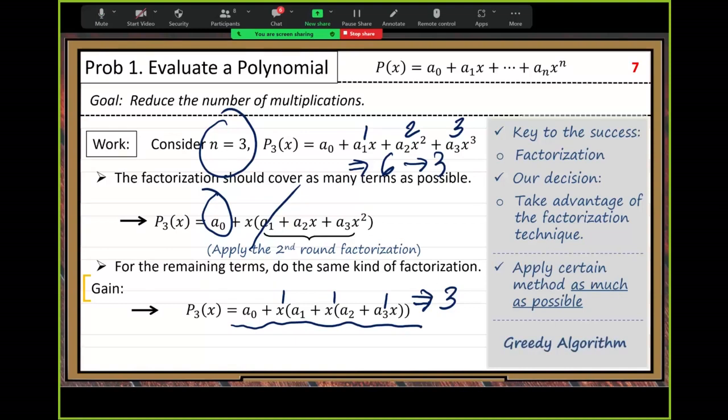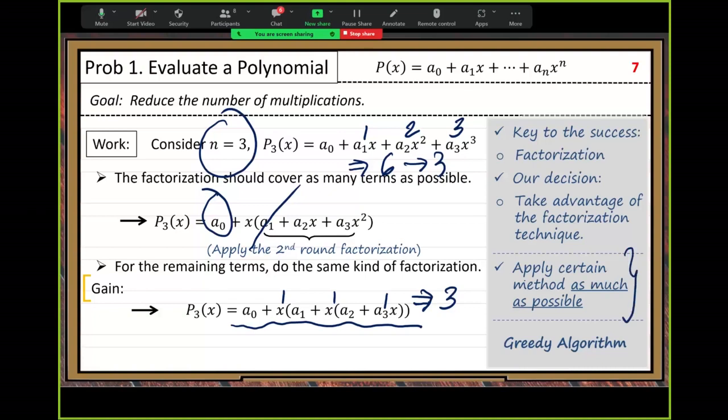Here in our last round, I want to introduce some new concept. If we look at our 2 experiments for n equals 2 and n equals 3, you can see we apply certain method as much as possible.